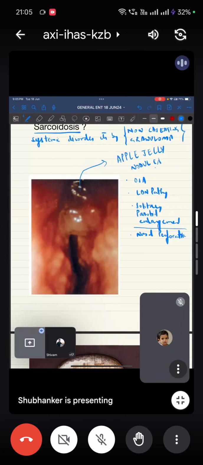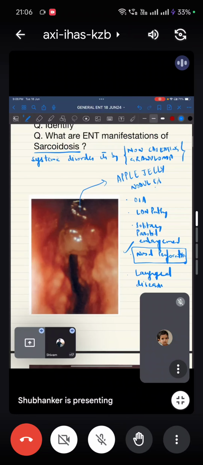Now this is again important. Nasal perforation is classically seen in few cases: in people who are cocaine abusers, in people who have had recurrent surgeries of the nose, and third is sarcoidosis. Apart from this, sinonasal diseases, laryngeal diseases, all these things can be given.